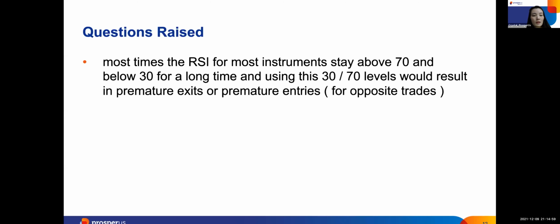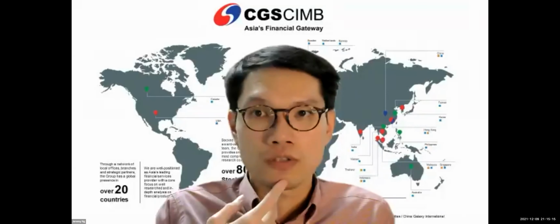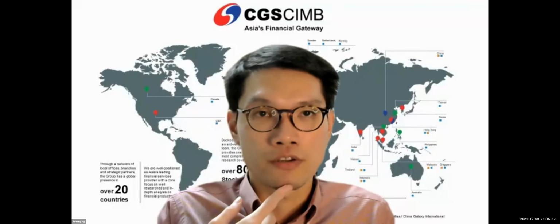Most times, the RSI for most instruments stays above 70 and below 30 for a long time. Using these 30-70 levels would result in premature exits or premature entries. Yep. So for this case, yes, it does apply more so for stocks that are trending in a very sharp fashion.